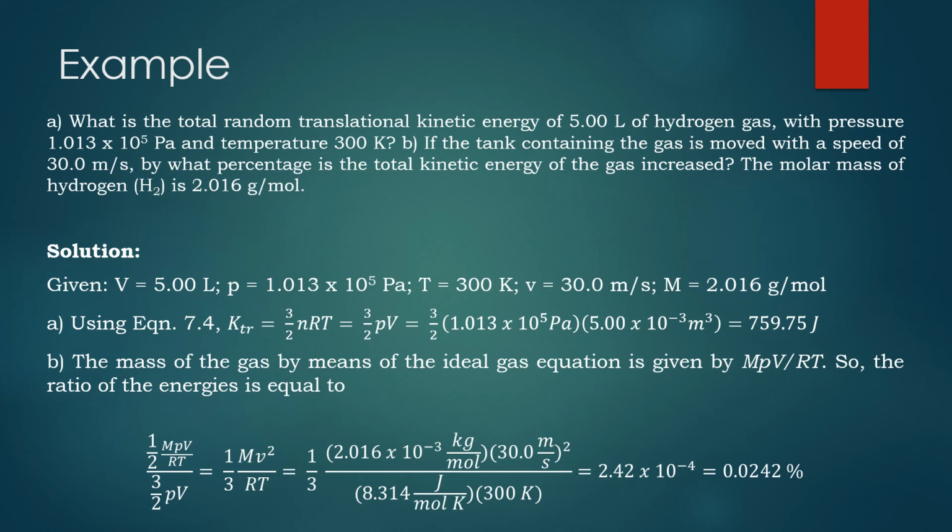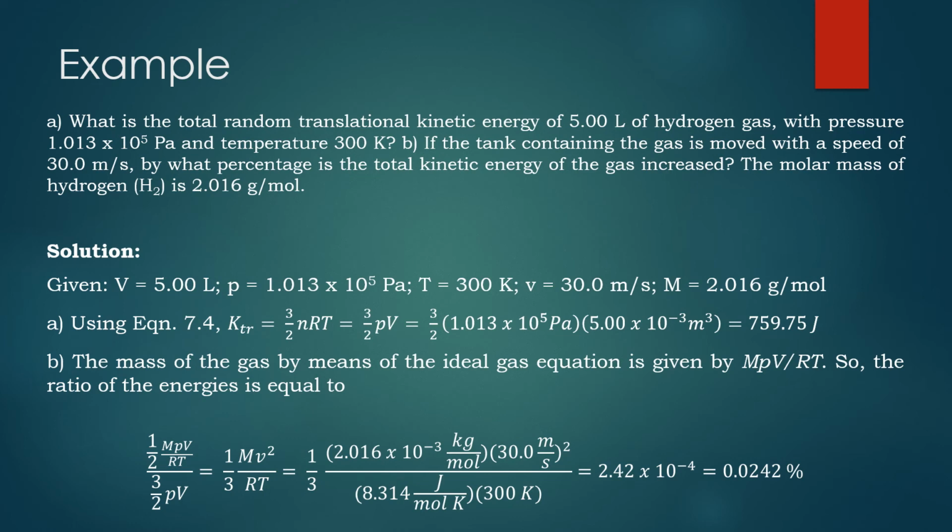Question letter B. If the tank containing the gas is moved with a speed of 30 meters per second, by what percentage is the total kinetic energy of the gas increased? The molar mass of hydrogen gas is 2.016 grams per mole.